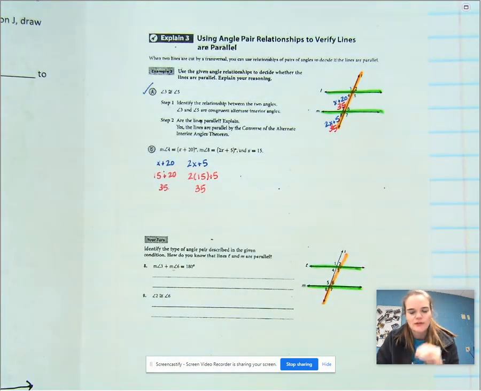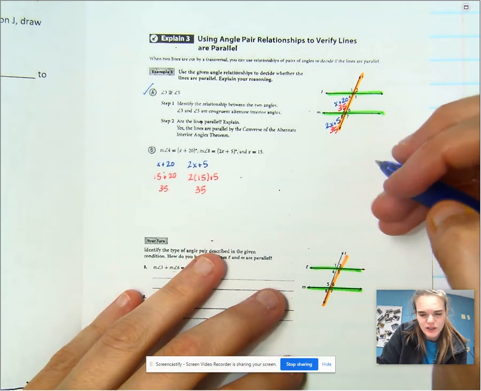Okay, now let's talk about their relationship. 4 and 8 are corresponding angles.